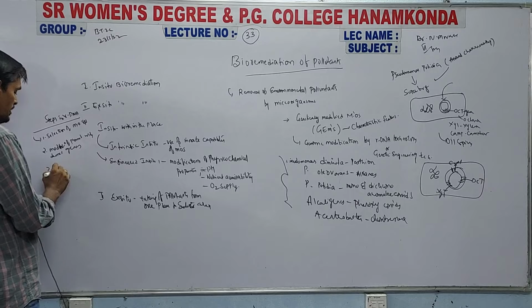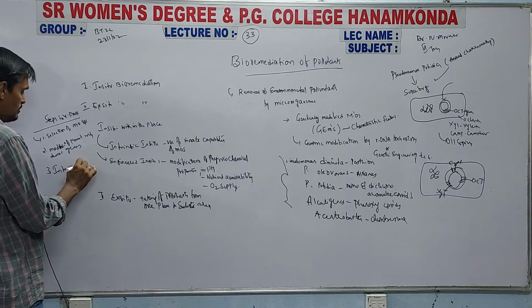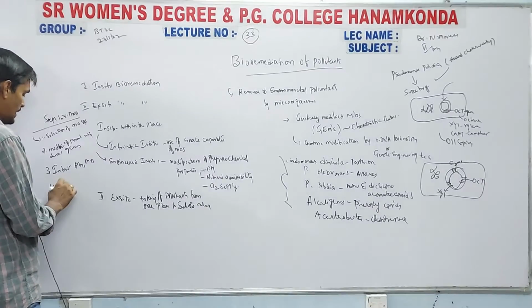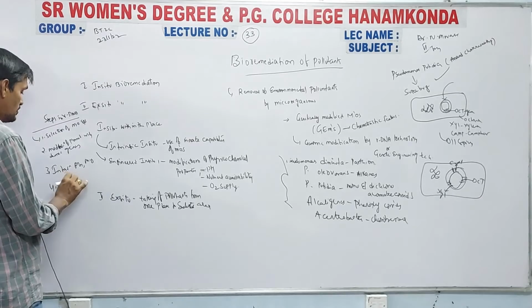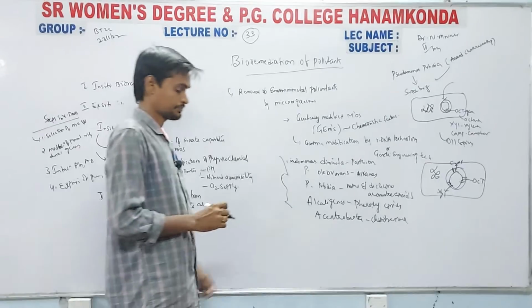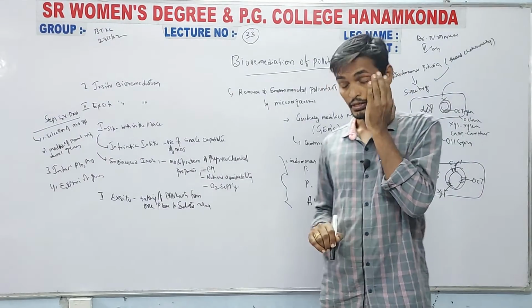The third one is introduction of this modified plasmid into microorganisms, and the fourth one is expression of these genes. So these are the steps involved in rDNA technology.